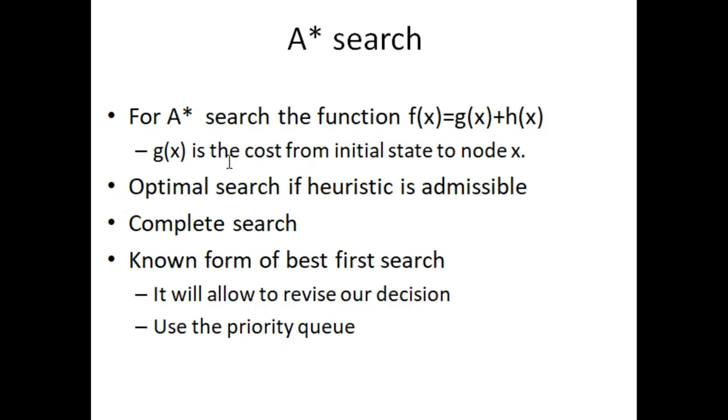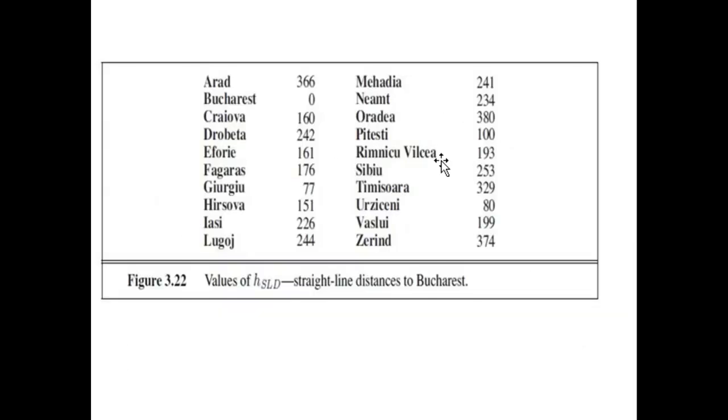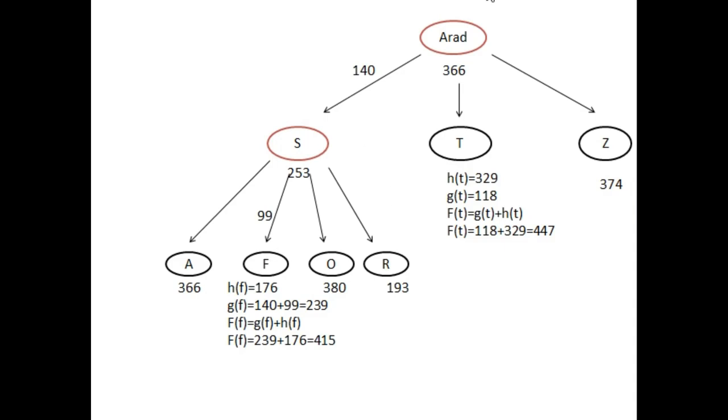The g of x is the cost from the initial state to node x. So if the node is f, the cost from the initial state, our Arad A node, is 140 plus 99, which is equal to 239. This value will be our g of f. So the value of f of f is equal to g of f plus h of f. Just add up these two values, 239 plus 176, which is equal to 415.